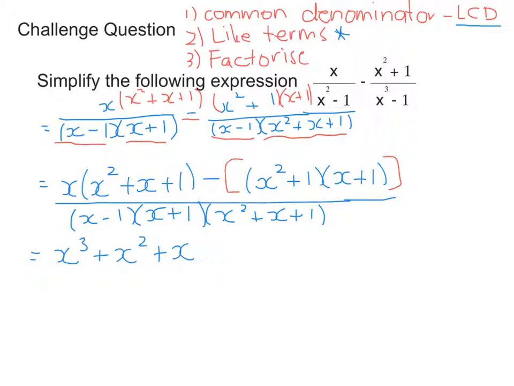And before I carry that negative through, I'm going to expand the section inside the red brackets first, keeping those red brackets there to remind myself that everything inside it will be taken away. So expanding this binomial product, we get x cubed plus x squared plus x plus 1.